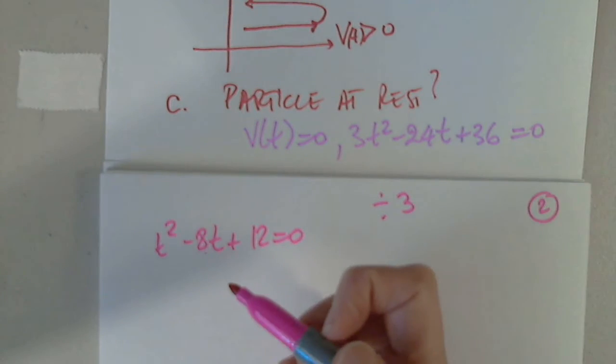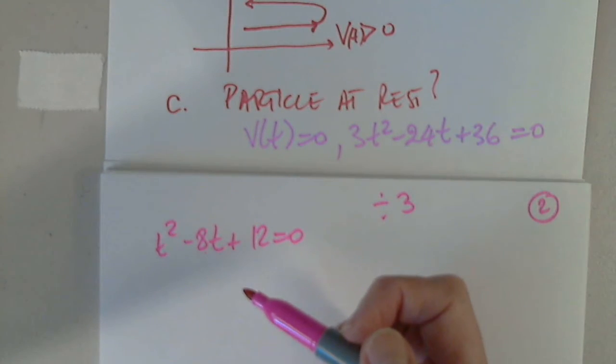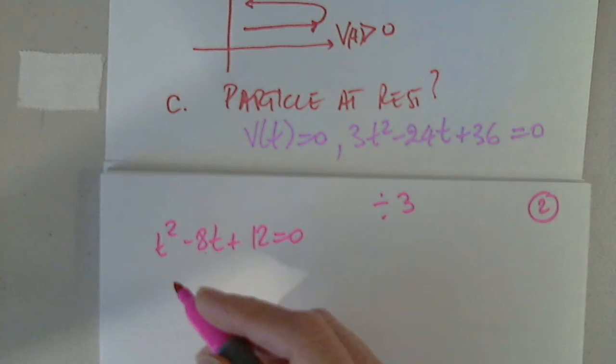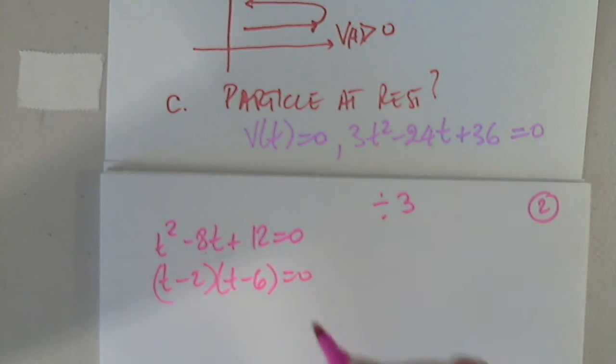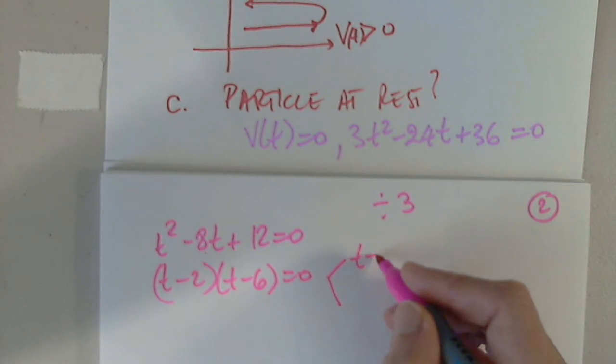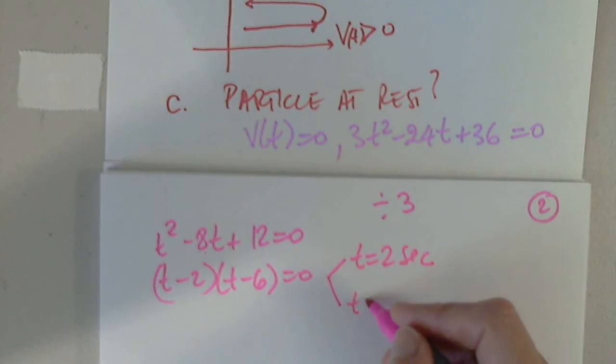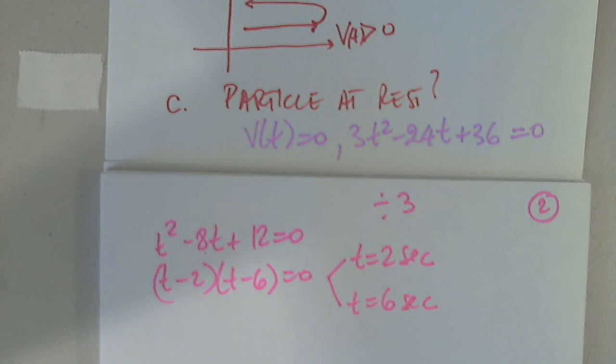If factoring takes longer than 20 seconds, then forget it. But it doesn't. It's t minus 2 and t minus 6. So we have two options: t equals 2 seconds and t equals 6 seconds. So the velocity is 0 at t equals 2 seconds and at t equals 6 seconds.